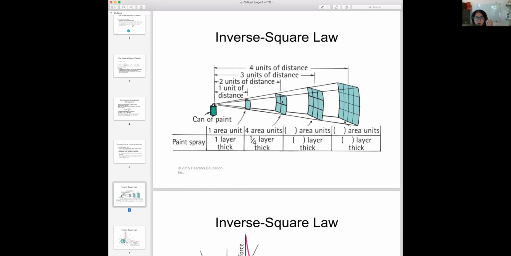So you see how the intensity decreases as you go farther and farther away. It follows the 1/d². So force comes out from the center of the object radially, uniformly everywhere. But then as you go farther away, the intensity of the force decreases by 1/d². So this you can also apply to radiation too. Let's say you have a TV that has radiation.